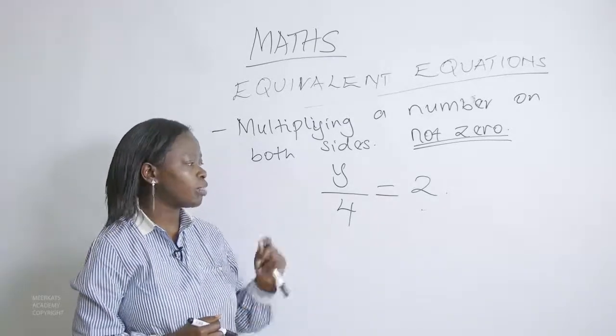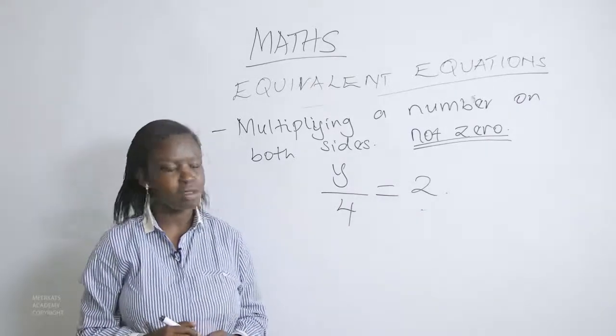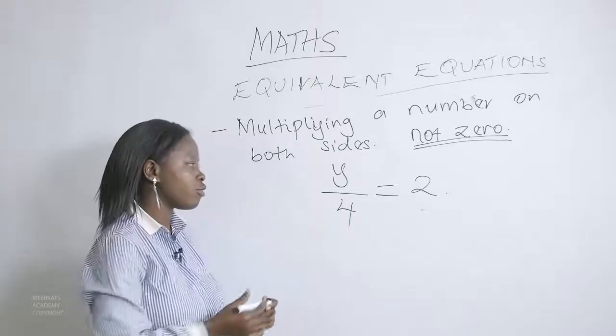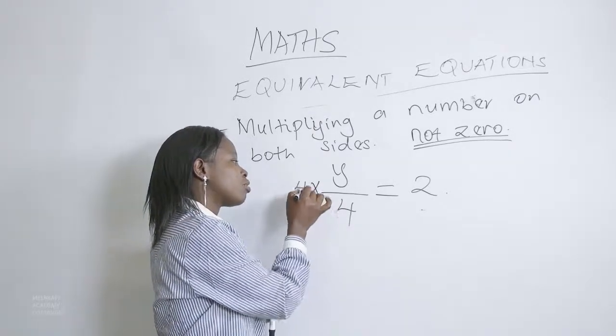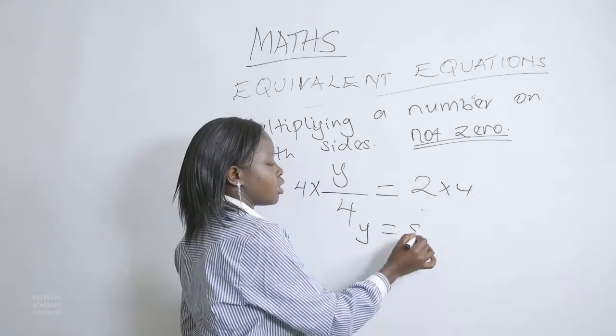I can multiply the left-hand side of the equation by 4, multiply the right-hand side of the equation by 4. So we are multiplying both sides by 4 so that our value for y is 8.